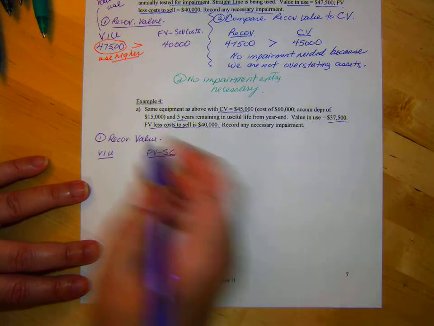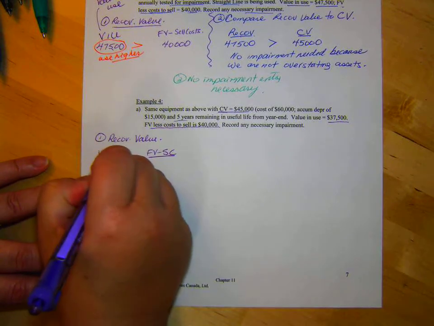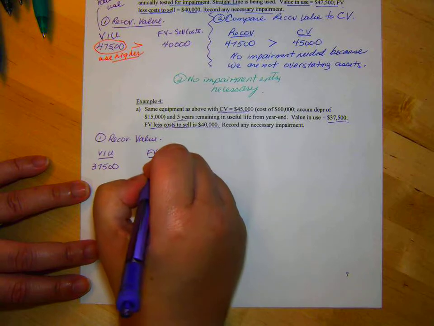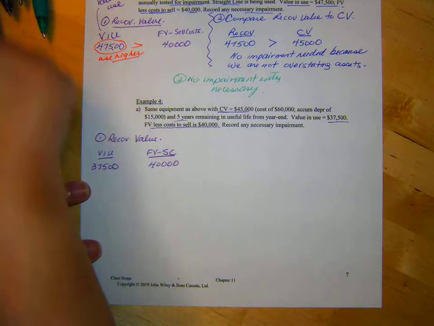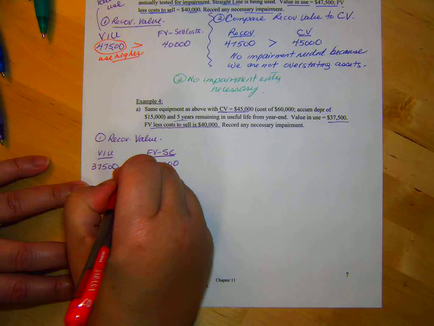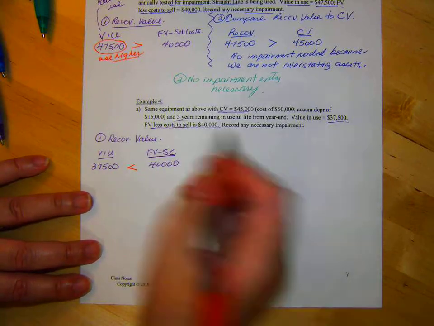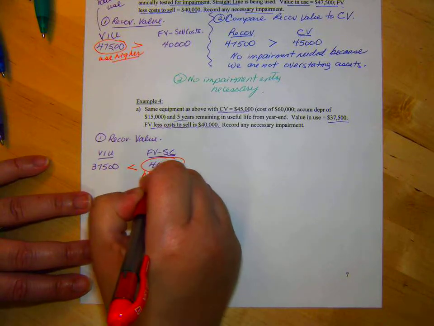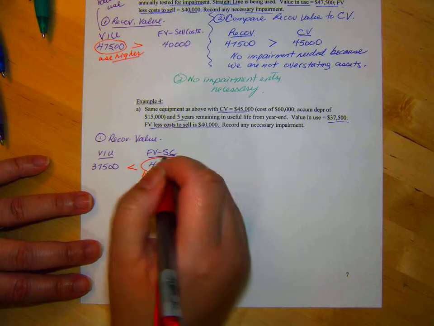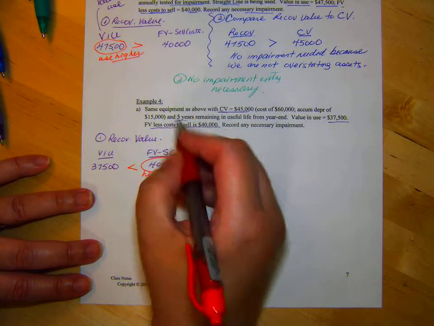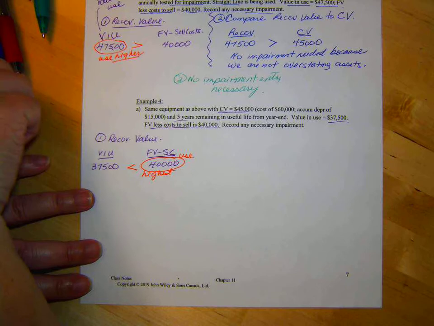Our value in use is 37,500. Fair value less selling costs is 40,000. So, which do I use? Highest.